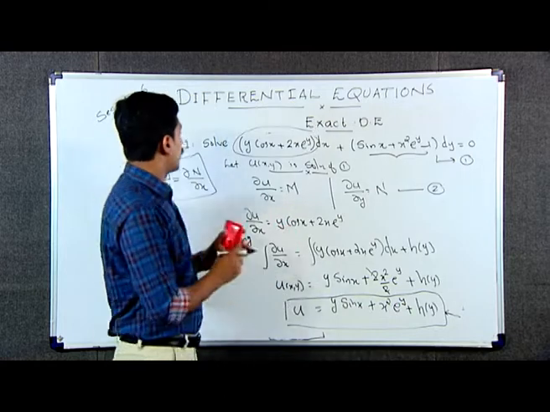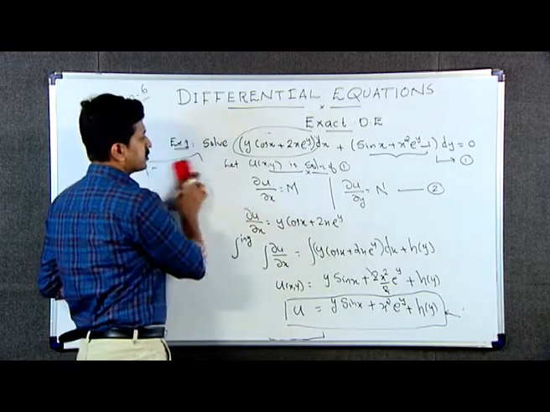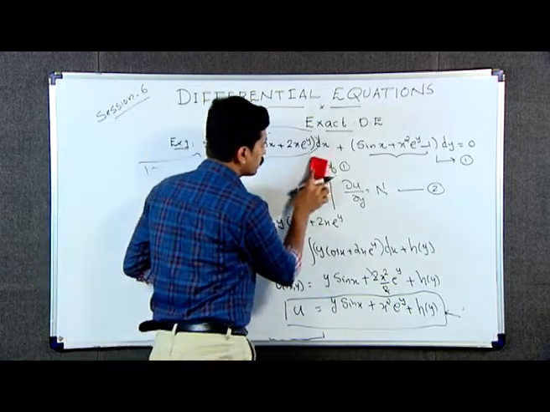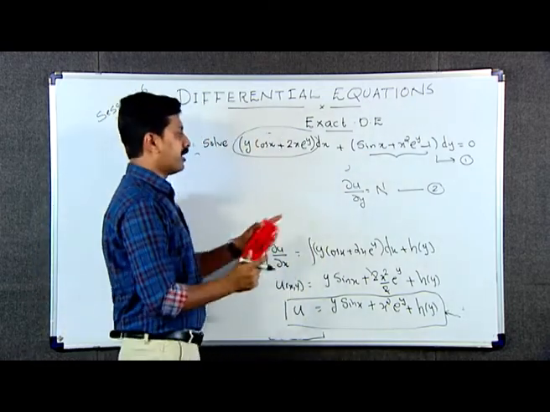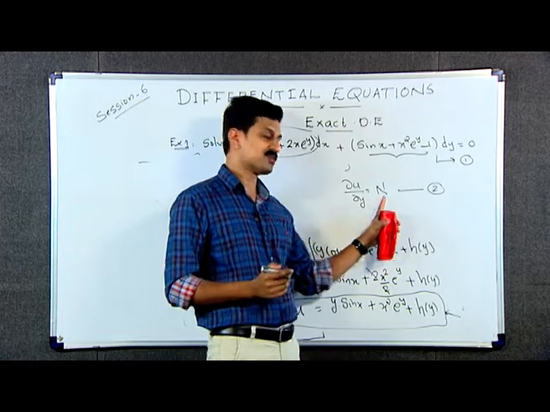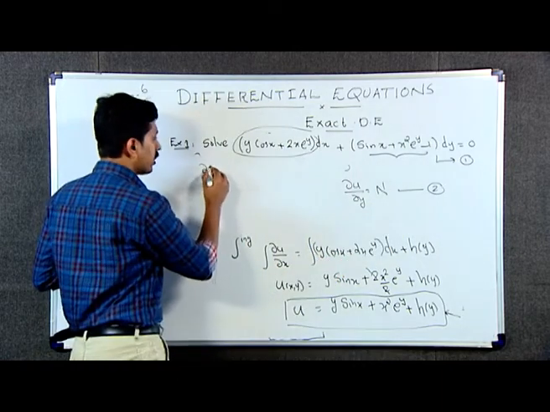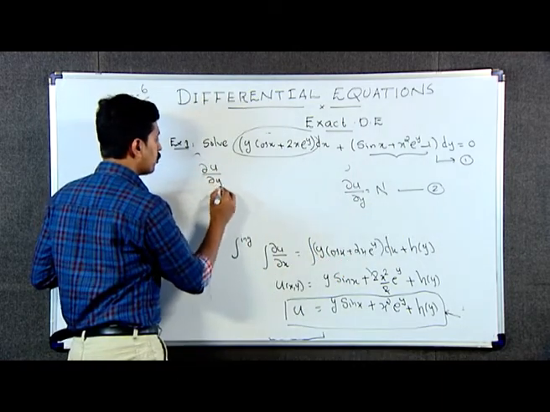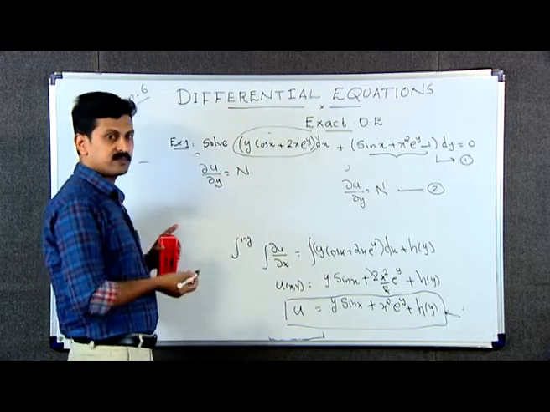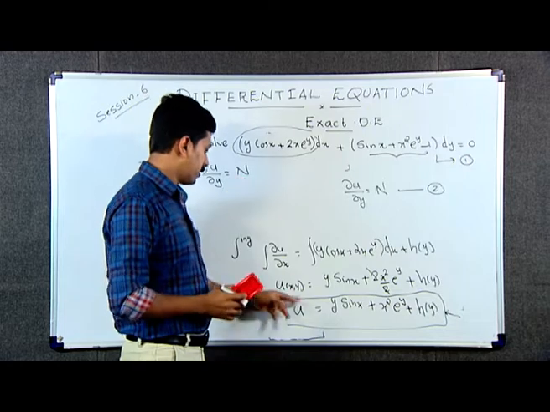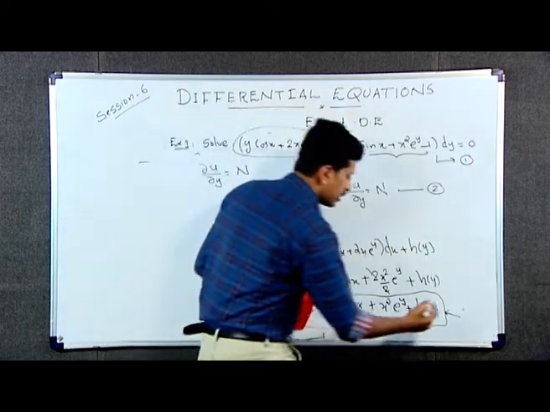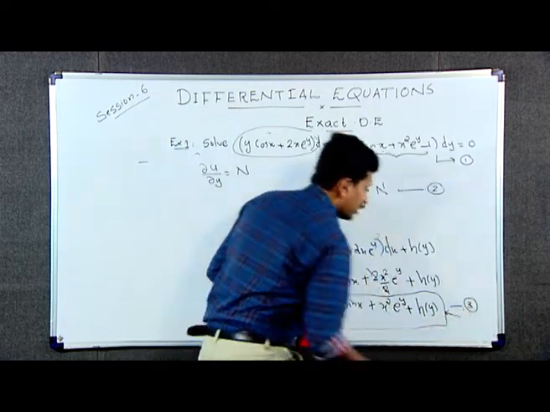For that we again come to system 2. In system 2 we know that dou u by dou y is equal to N. We have u here, which I am treating as equation number 3.